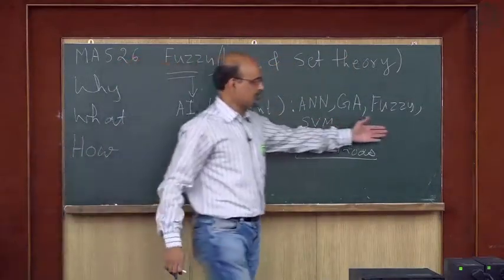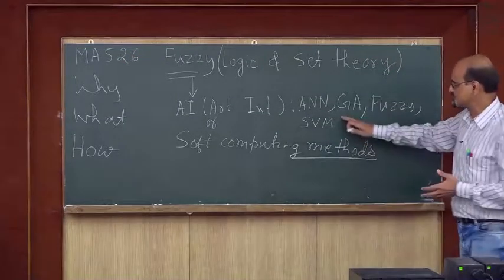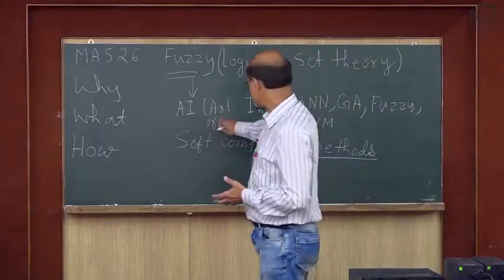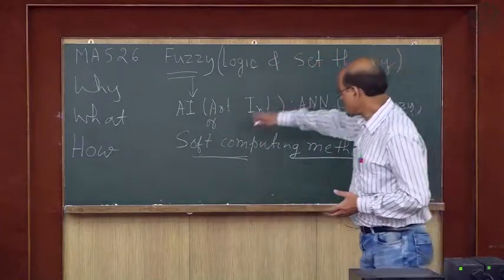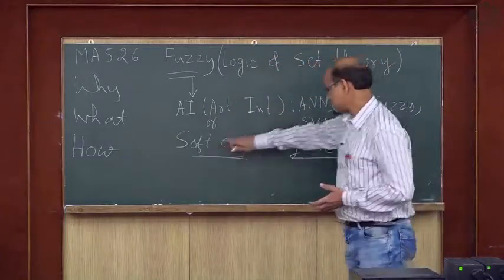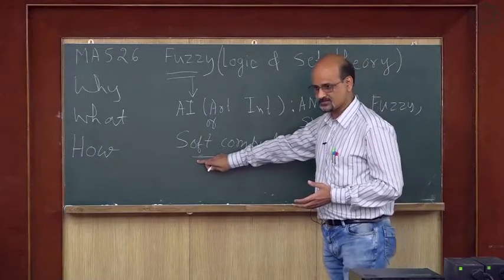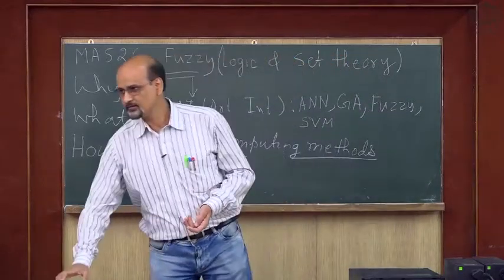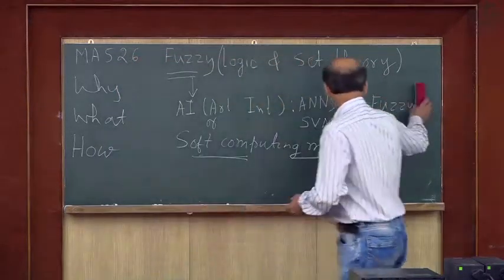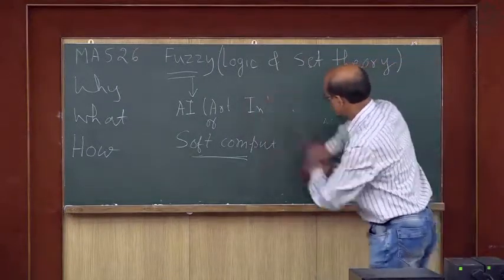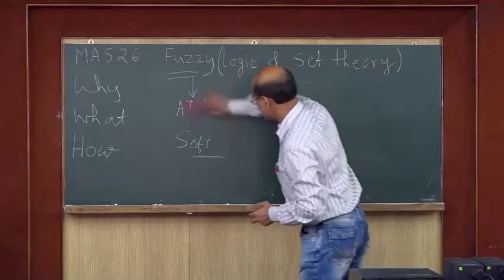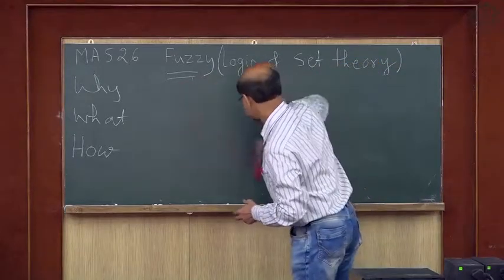So there are plenty of other areas which come under AI, that is artificial intelligence or soft computing. Why do we call these techniques soft computing? Because we know what is hard computing. So remember, these are under AI, or in total they come under mathematics.